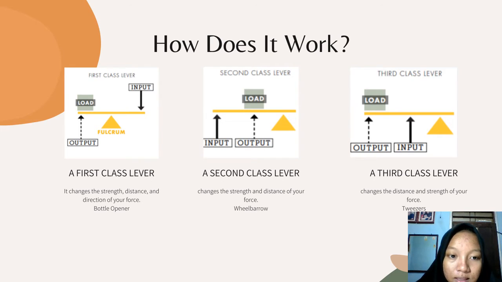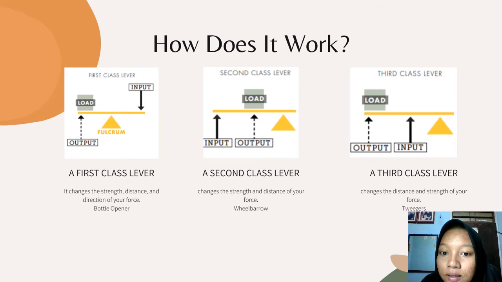The first is a first class lever that changes the strength, distance, and direction of the force. An example of it is a bottle opener. As we can see, in the structure of the lever the fulcrum is in the middle between your input force and output force.